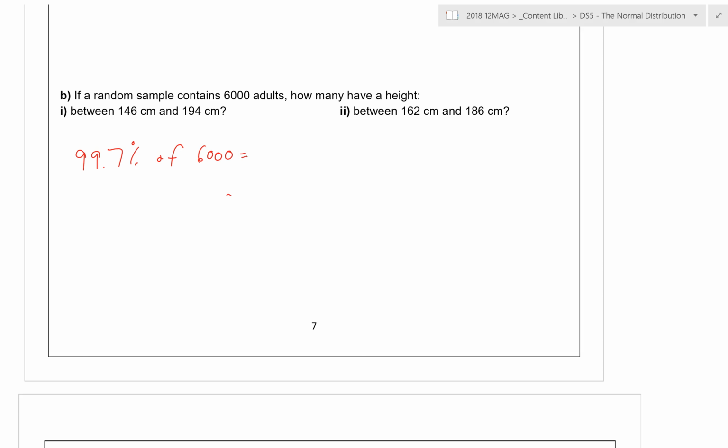What does that equal? Well, 3 out of every 1,000 are not included in that. So that's going to be 6,000 minus 18 people, which is 5,982 people.